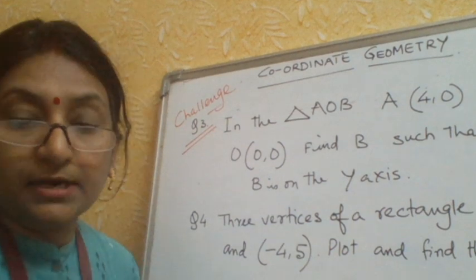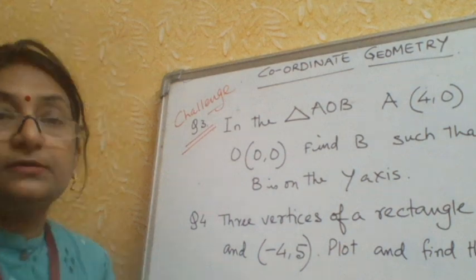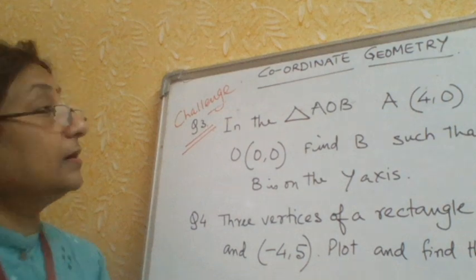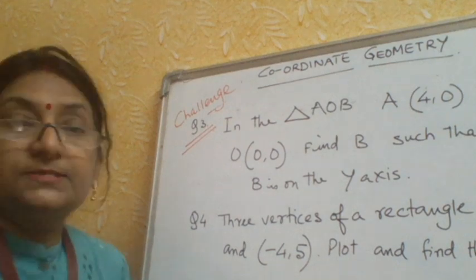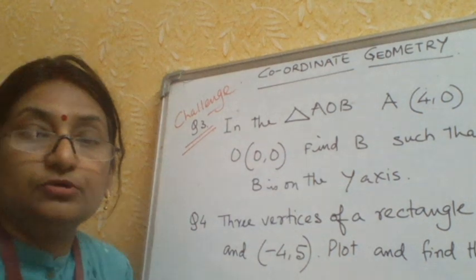Now you need to find the third point, that is your B coordinate, so that the triangle is such that AB is equal to 5. So the third point is going to be here, this point will be 0 comma 3.